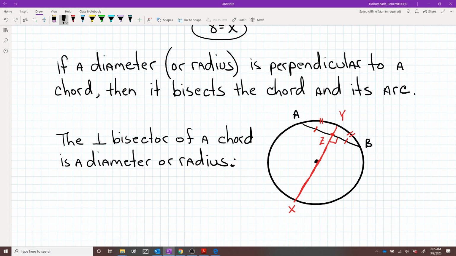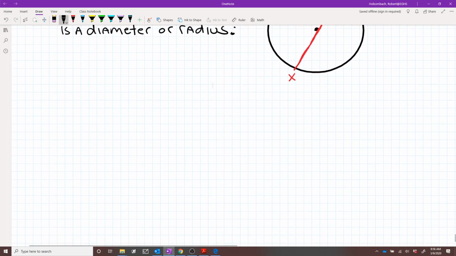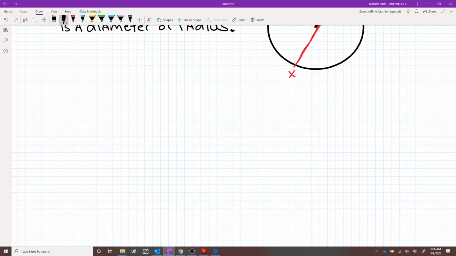Alright, down there on the bottom of page 716, example 3. In circle S, the measure of arc PQR equals 98.